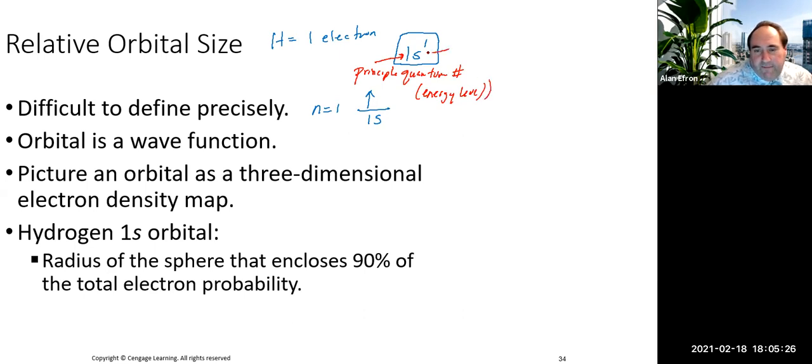The s represents the orbital that the electron is in, and the one up on top represents how many electrons are in that orbital. So when we have this one electron, it goes in, and as you can see, it would only have room for one more electron before that orbital would be filled. So there definitely is an order as to which electrons go in.